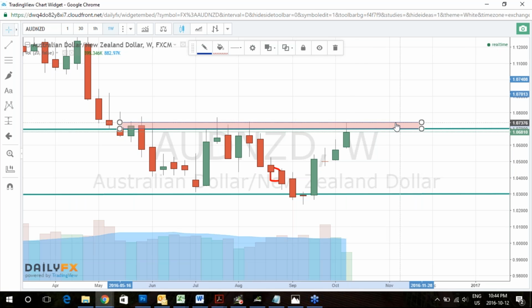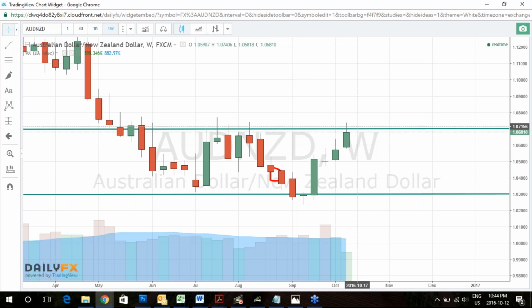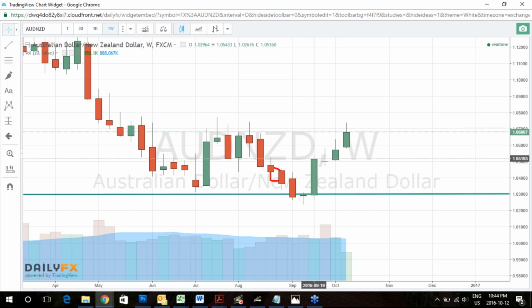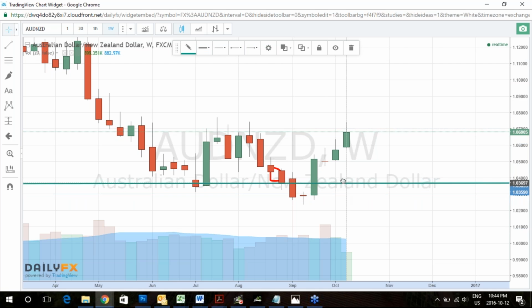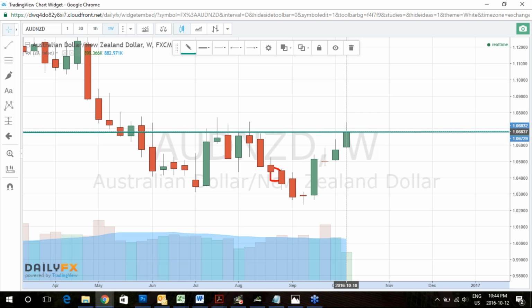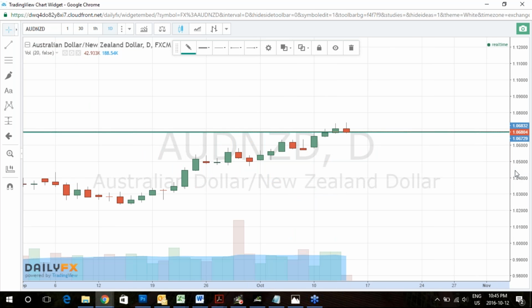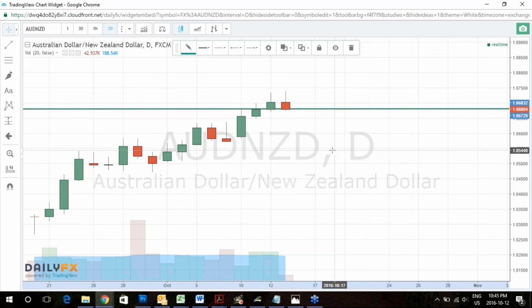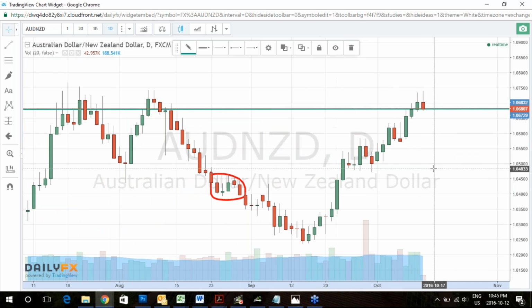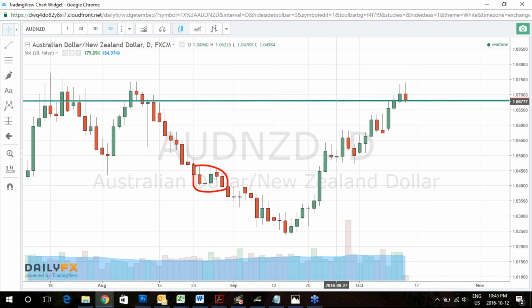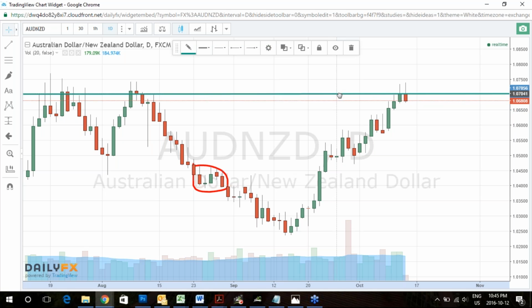So here in the weekly, we saw that price was at our overbought position. We're like, okay, perfect. It's in the overbought position, so we're going to draw a resistance at this point. And then we're going to go into our daily chart, see what was going on there. Okay, so we go into our daily chart and we look, okay, it's actually at our overbought position.